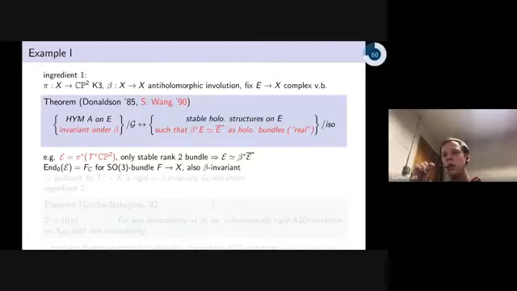You can observe that the trace-free endomorphisms of E are a complexification of some SO3 bundle F, which, just like E through this correspondence, carries a beta-invariant ASD instanton.